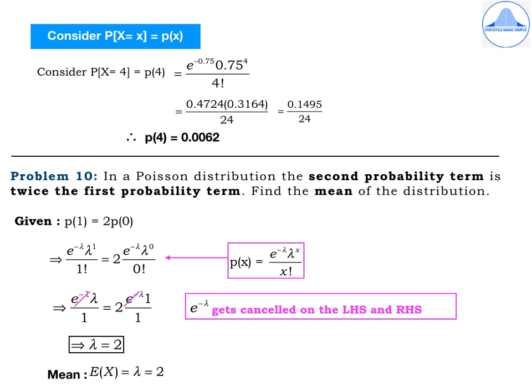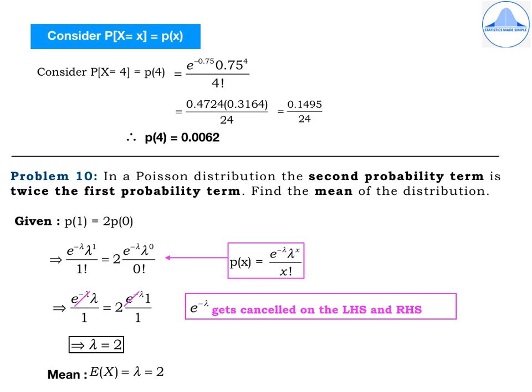So I repeat again, p of 0 will be the first probability term and p of 1 will be the second probability term. So now again use the p.m.f of the Poisson distribution, p of x equal to e to the power minus lambda, lambda to the power x divided by x factorial. So what is p of 1?